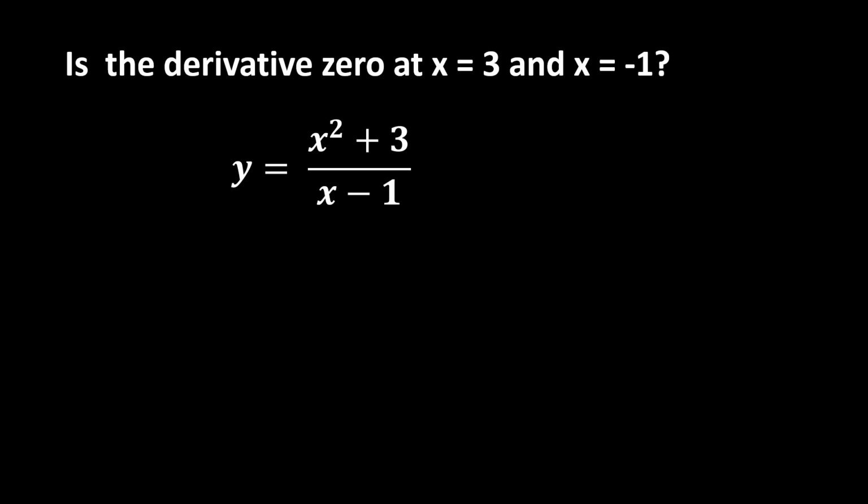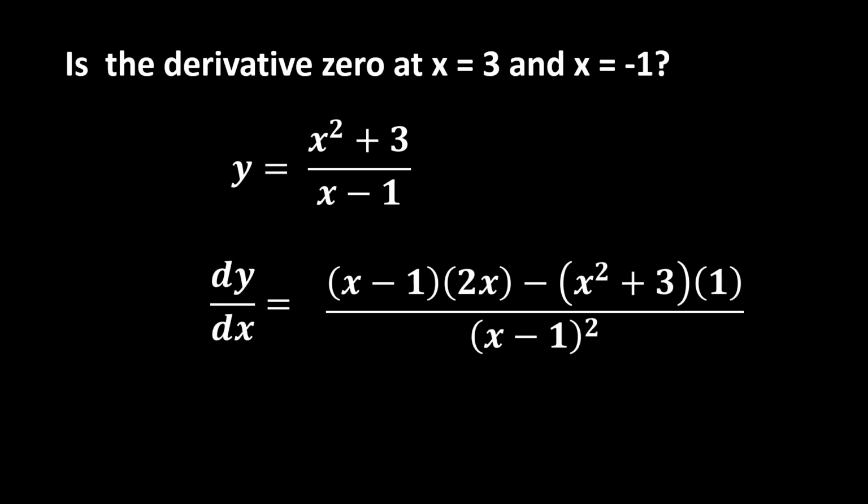Now we are going to investigate whether the derivative at x equals 3 and x equals negative 1 is really 0. We are going to get the derivative of our function again by using the quotient rule. I'm now going to substitute 3 into the x.